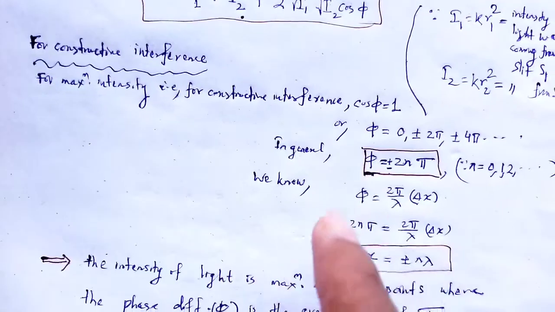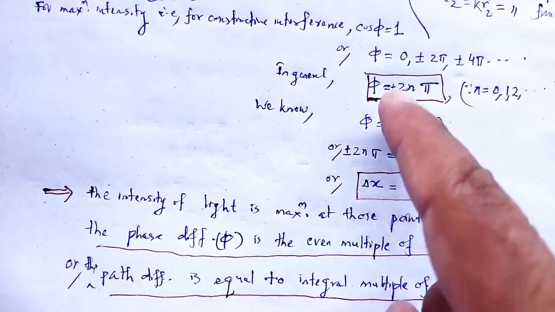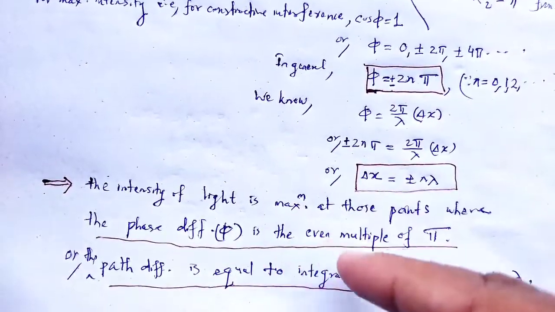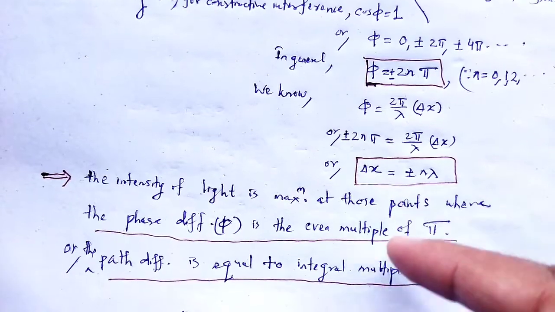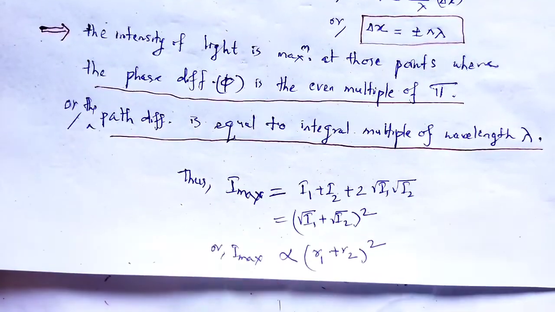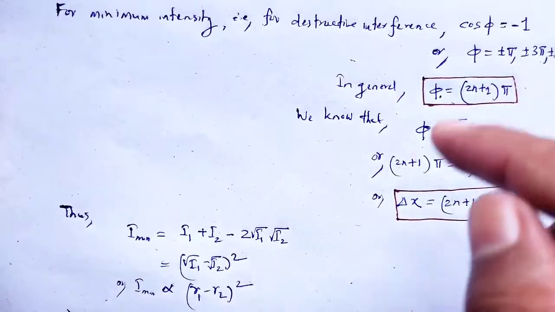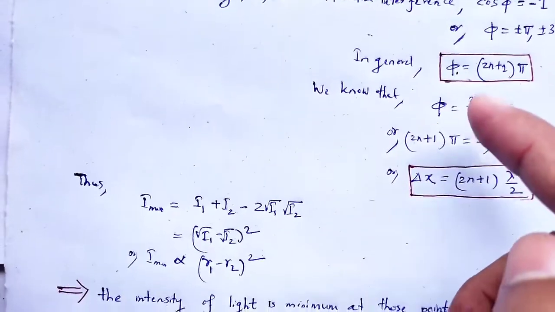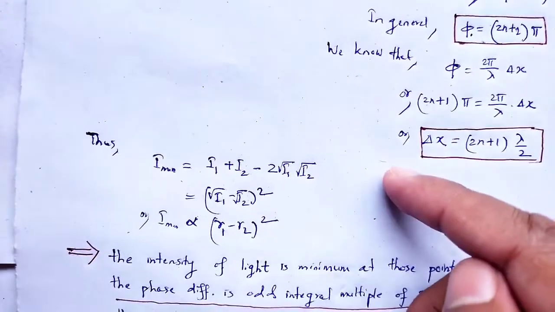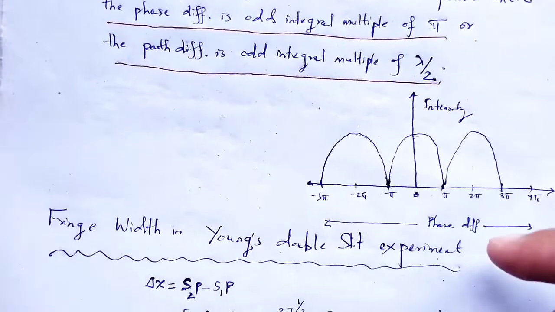For constructive interference, phase difference is an even multiple of pi, or path difference is equal to a multiple of wavelength. For destructive interference, phase difference is an odd multiple of pi, or path difference is an odd multiple of lambda by 2, with the graph between intensity and phase difference.